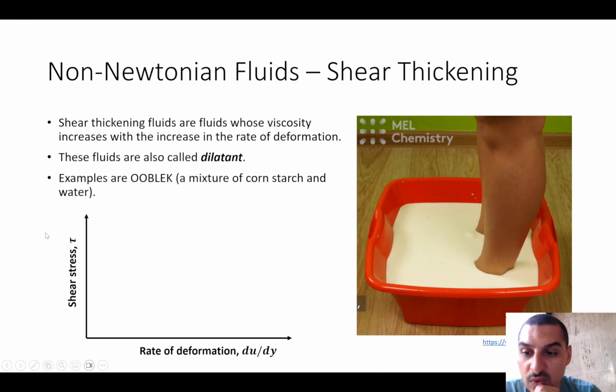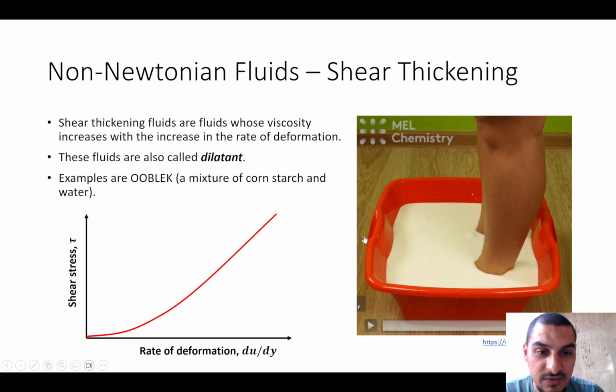So the shape of the relation between the shear stress and the rate of deformation is as you see here. Okay, and just to understand how this reflects what we saw in this video: at very low shear stresses, a very low shear stress can lead to a high rate of deformation.